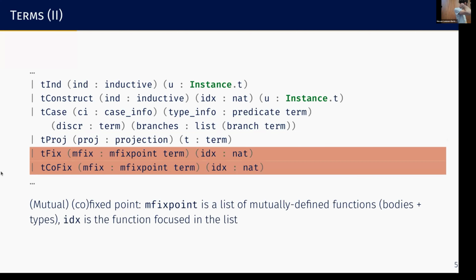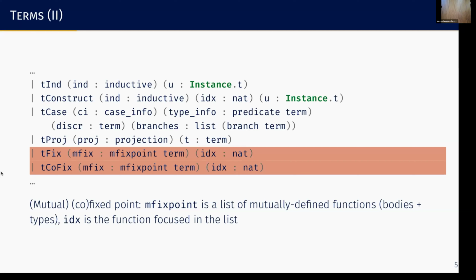Representation for mutual fixed point and co-fixed point. So you have, again, as for inductive types, mutual fixed points and mutual co-fixed points. So here, this is really a list of functions that can all call each other. That's what this m-fixed point thing does. So there's a list of the bodies and of the types of each of the mutually defined functions.